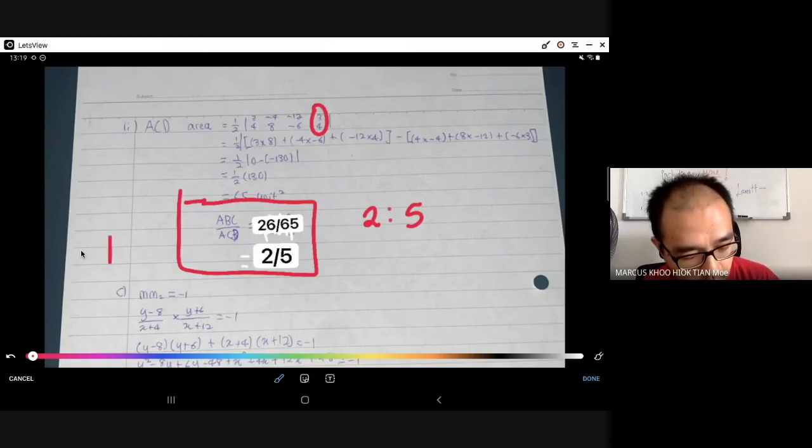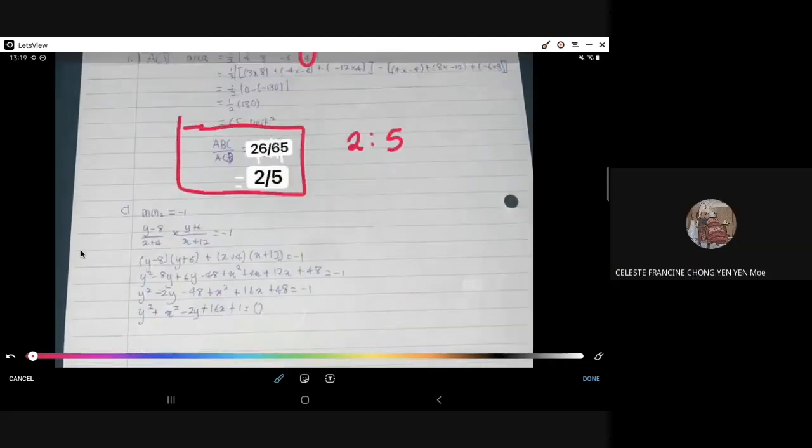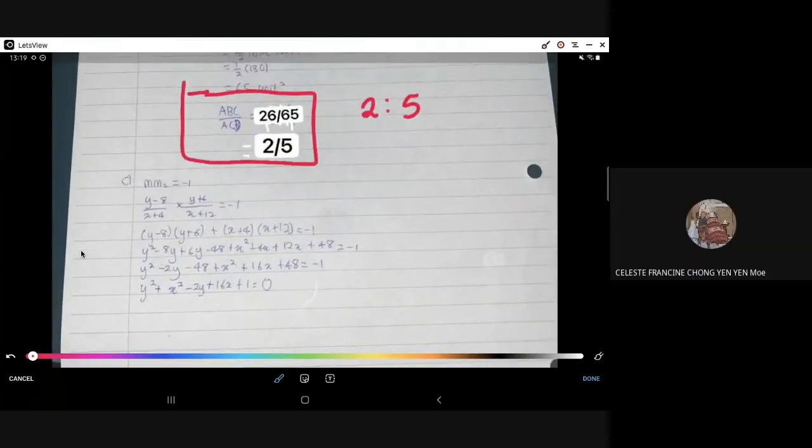Like that. Okay, question C. Quickly, I'm running out of time. Okay, so for question C, it wants to find the equation of Locus P. So we know that line D and line C is perpendicular. And since we have been given 2 equations for a straight line, then we can use the formula M1, M2 equals to -1.